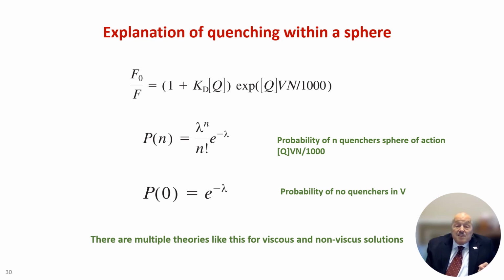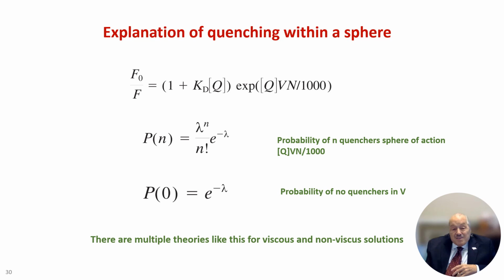So this is the quenching equation we just presented in the previous slide. This is the dynamic part of the equation, and this is the part of the equation which deals with the fluorophores that are immediately quenched by a quencher molecule within the sphere of action.